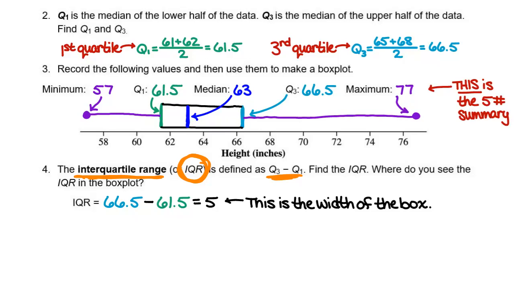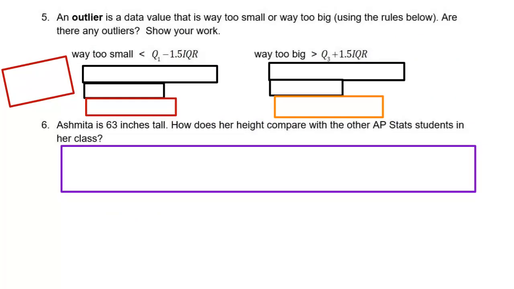Now we're going to have a numerical rule instead of just, it kind of looks like it could be. So we use what is called the 1.5 times IQR method.